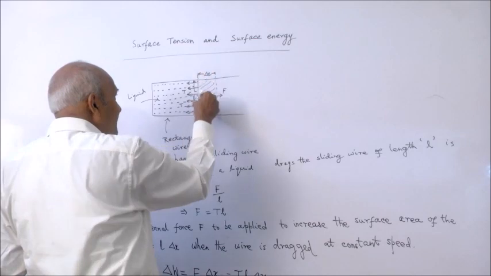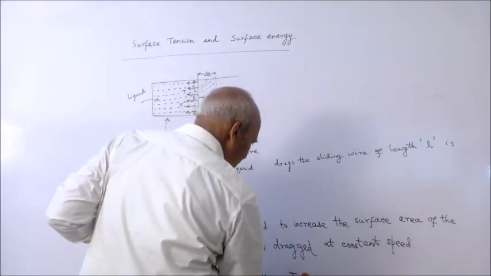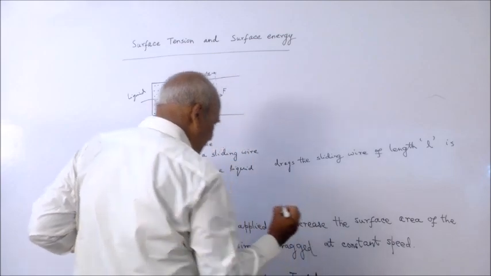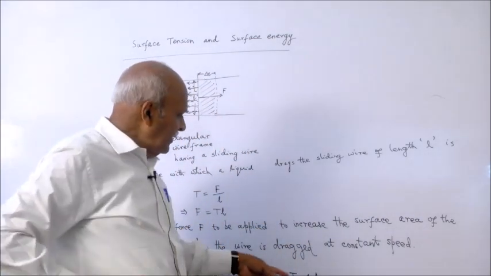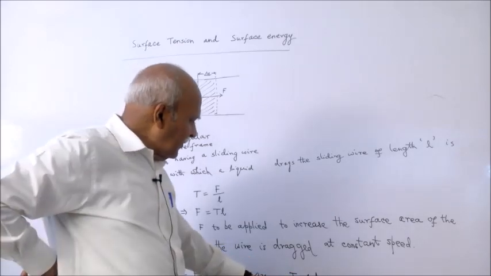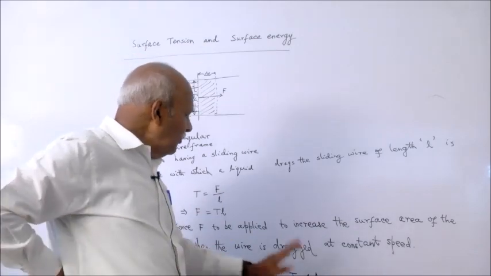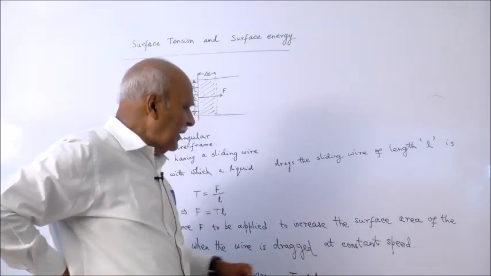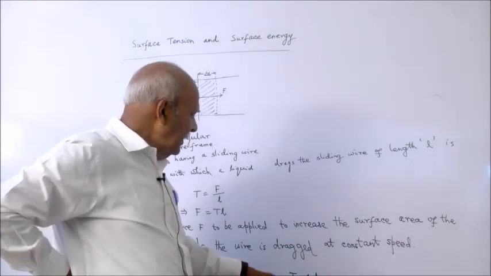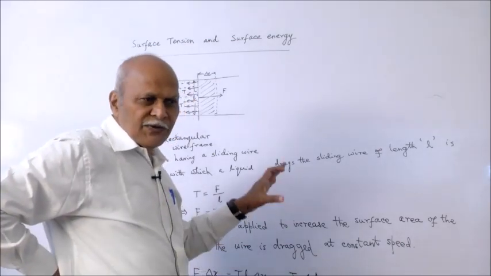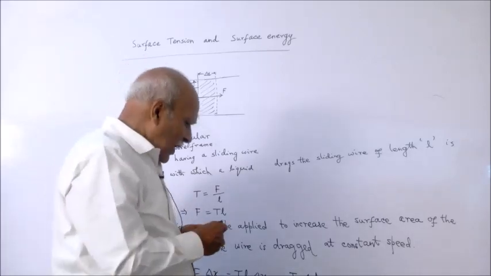L delta x is this extra area created. So, T into delta A. That means, the amount of work done to stretch the liquid is equal to surface tension into extra area created. Suppose extra area is 1 unit, then work done is equal to T. That means, surface tension is numerically equal to the work done.